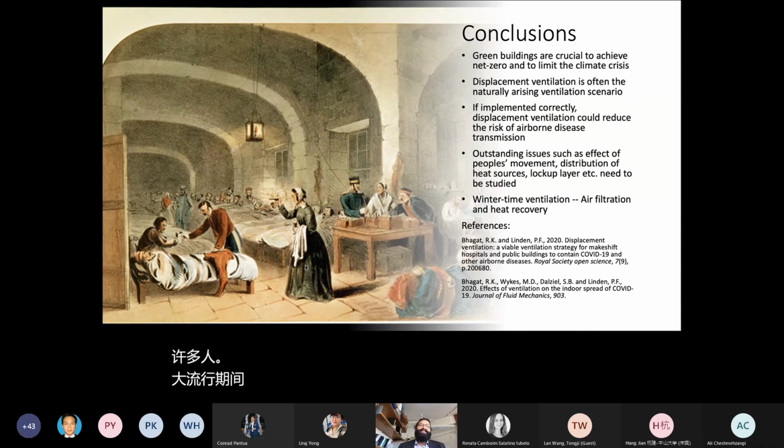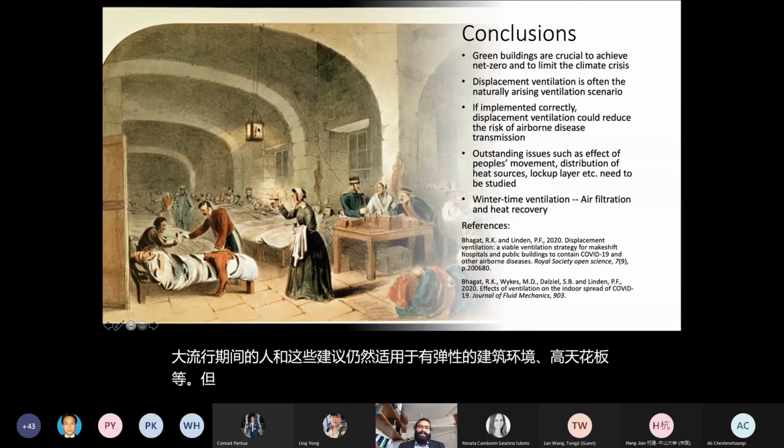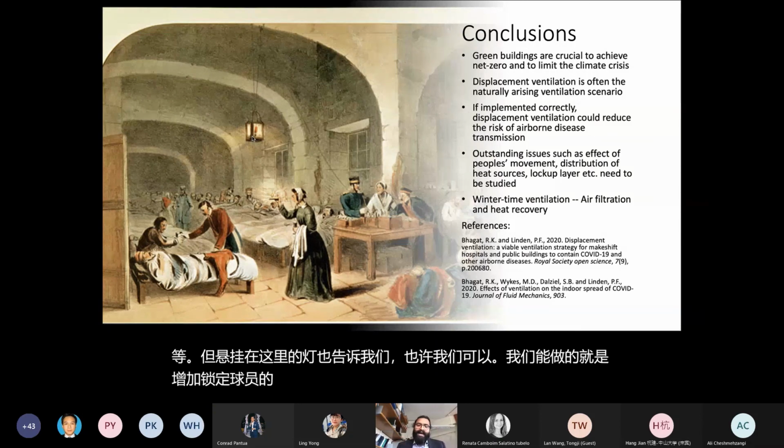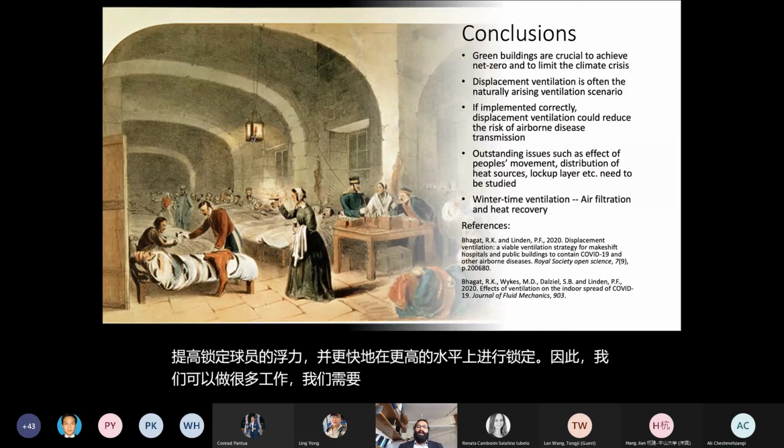And those recommendations remain valid for a resilient built environment: high ceilings, etc. But the lamp hanging here also tells us that maybe we can increase the buoyancy of the lockup layer and take it to a higher level much faster. So there is a lot which can be done, and we need to study those things. And my study is focused on these areas.